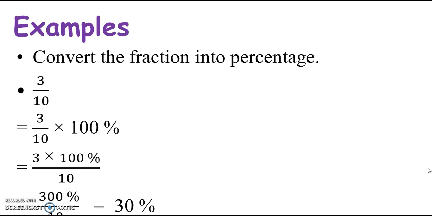So when you simplify it or use the cancellation method, its answer will be 30%, right?